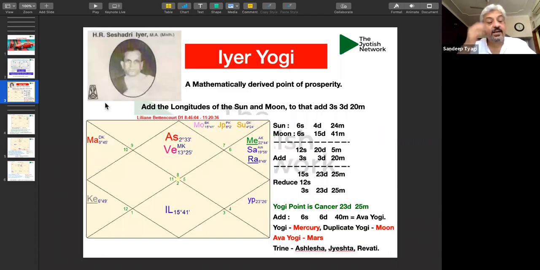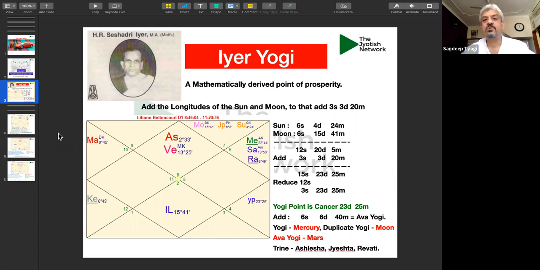Sheshadri Iyer, the gentleman whose picture is on the screen, was a mathematics scholar based out of Bangalore. He did a lot of his research based on charts and documents which were in the libraries of the Maharaja of Mysore. He had access to them.